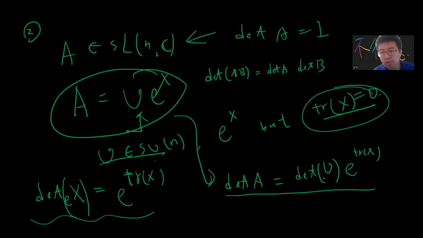Now this is unitary, right? So it should be a phase, but this other factor must be real by the previous one.